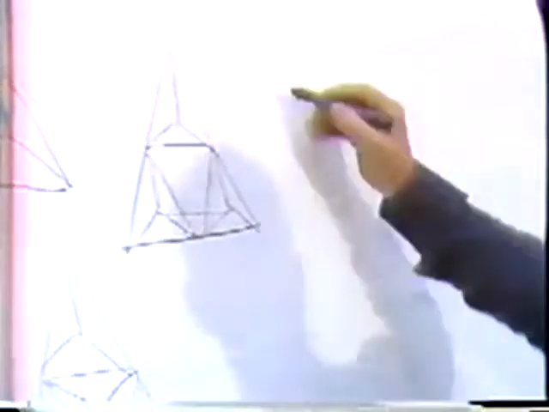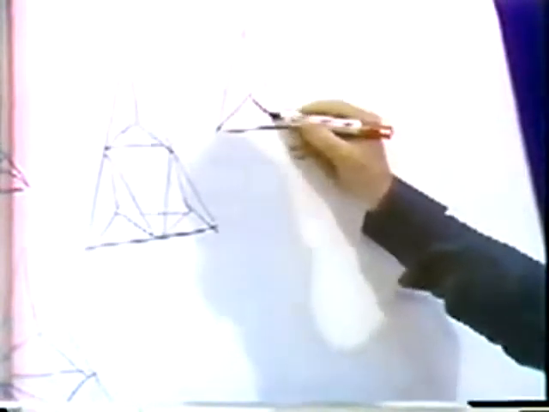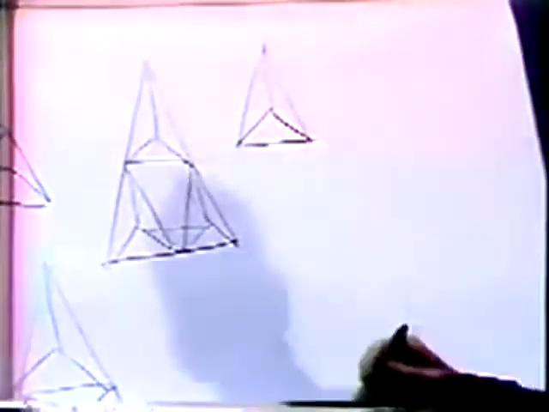Now, I'm going to draw that in the following manner. I'm going to do a tetrahedron. I'm going to give it red legs coming up towards us here.